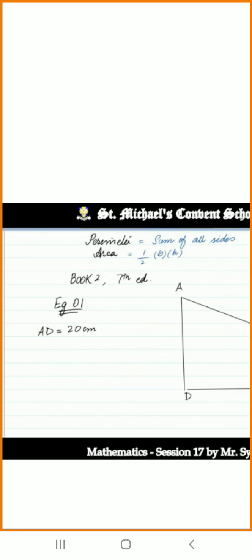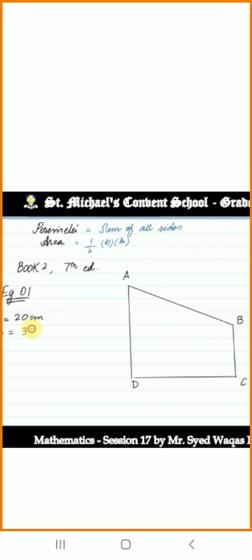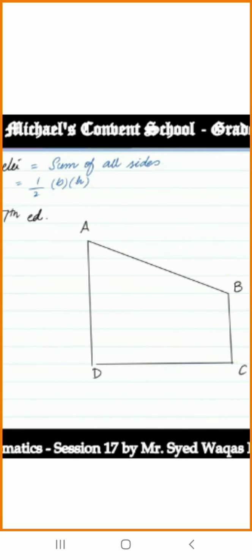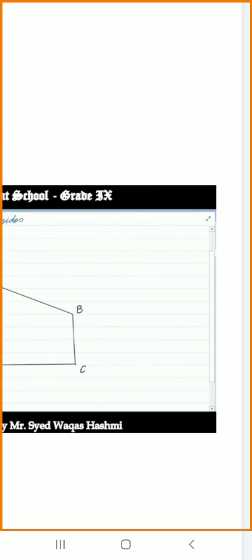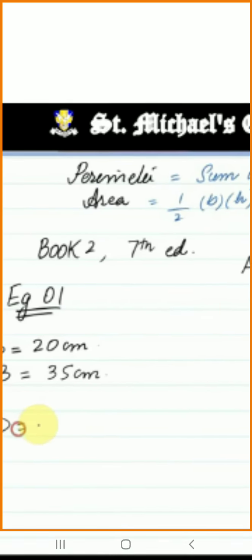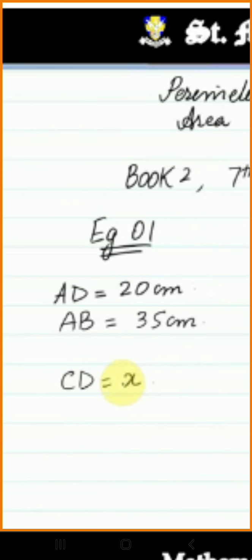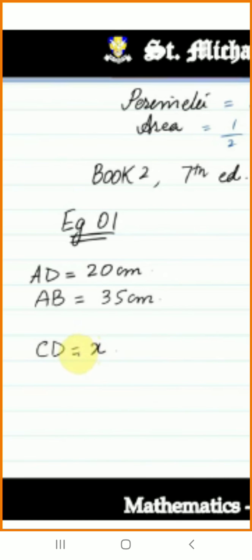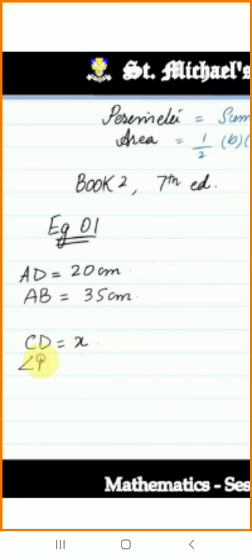The value of AB is 35 centimeter. We need to find the value of CD, which is x, and you need to find the angle BAD.